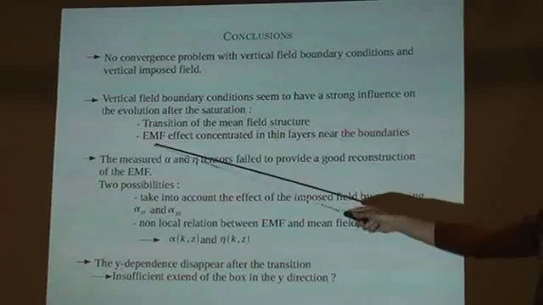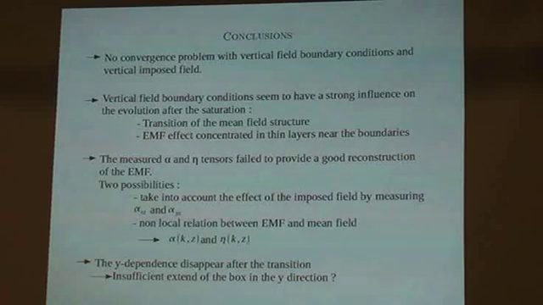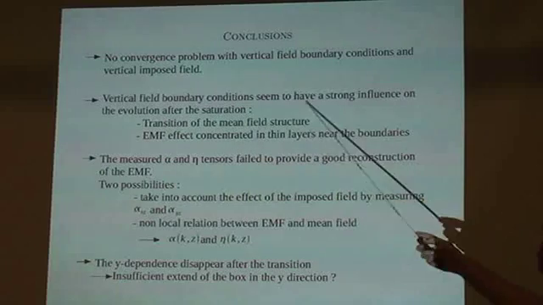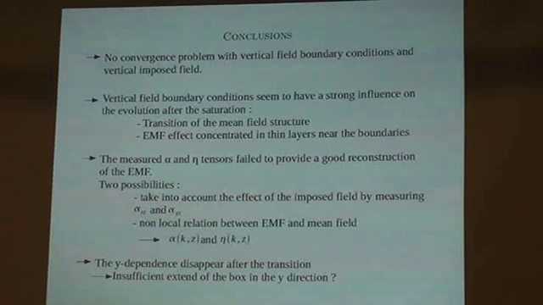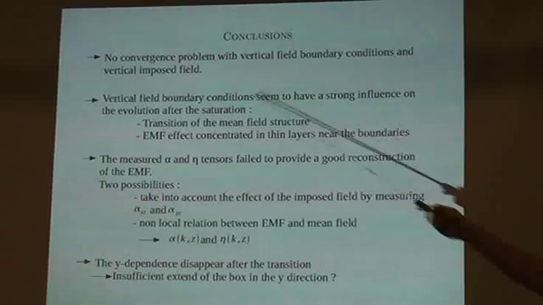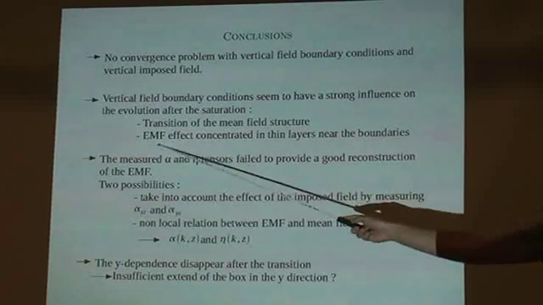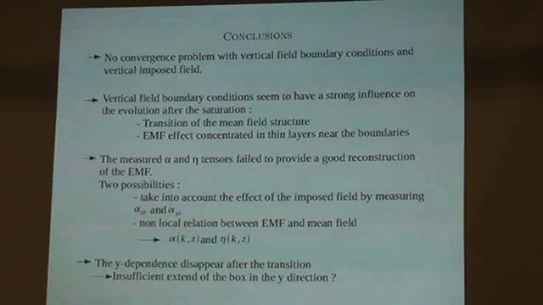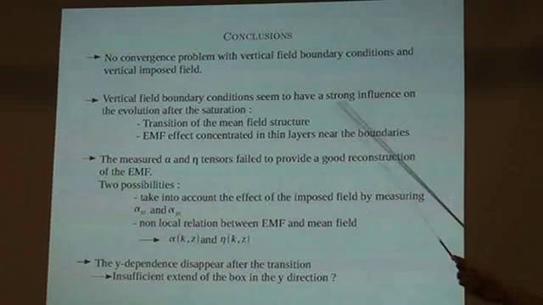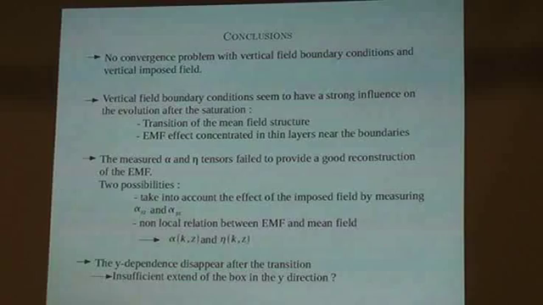Then the second point is that vertical field boundary conditions seem to have a strong influence on the turbulence and on the mean field in my box, because we find this transition of the mean field structure that wasn't apparent with periodic boundary conditions. We have also seen that the effect of the EMF is concentrated near the boundaries, so everything happens in a thin layer near the boundaries.